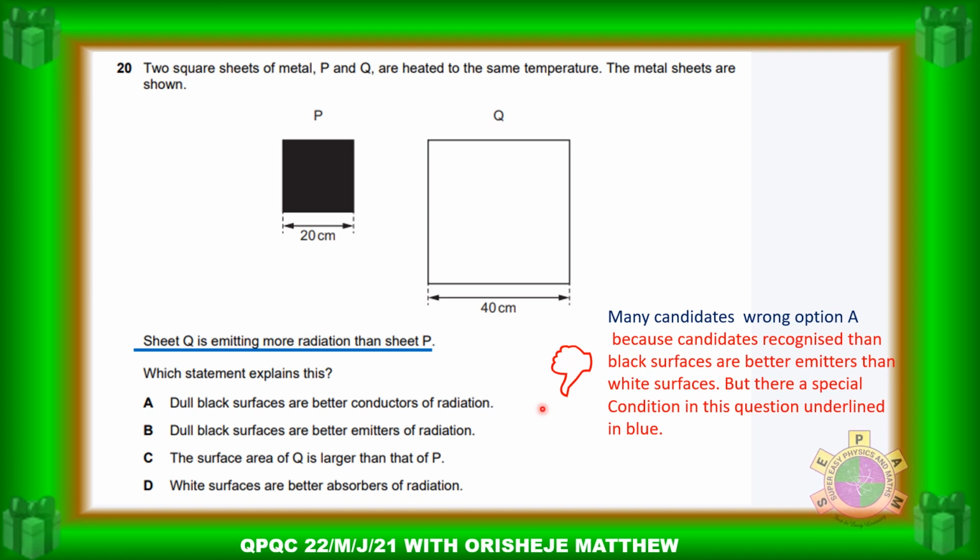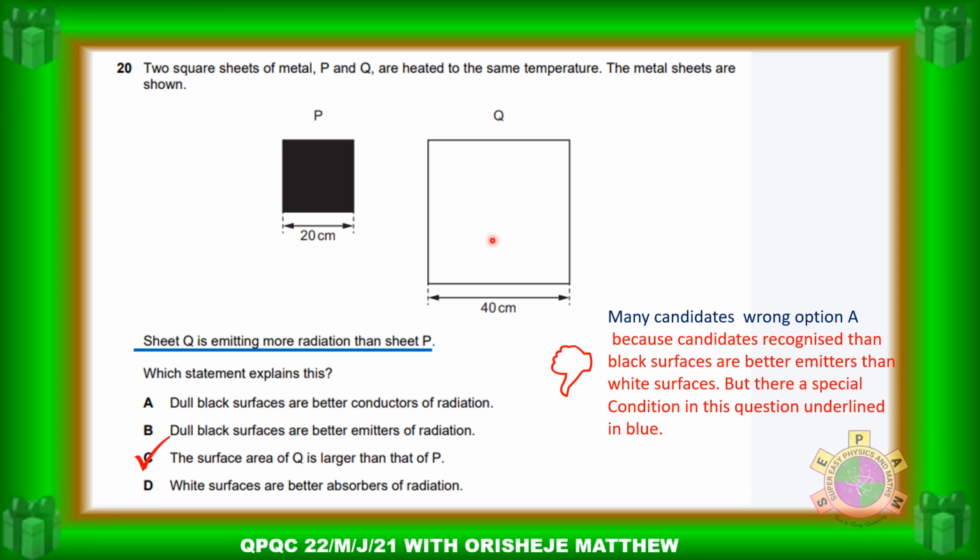So on the basis of this condition, what is responsible for Q emitting more radiation than P? A white surface emits less thermal energy than a black surface, so the reason is that this surface has a wider area.